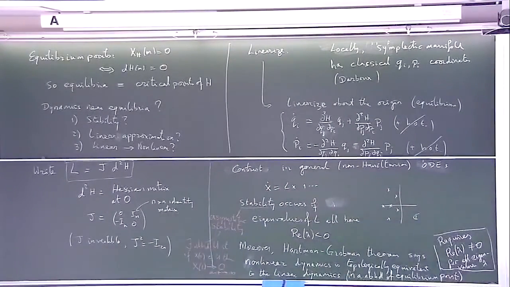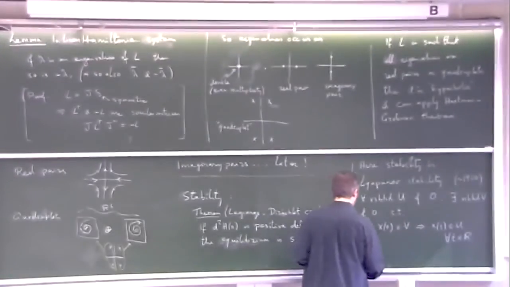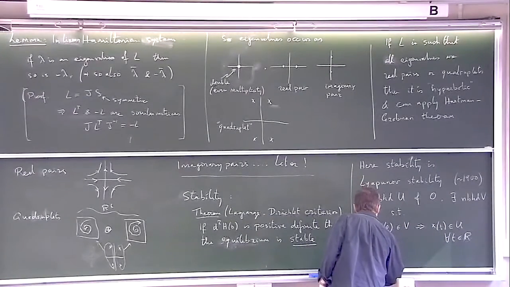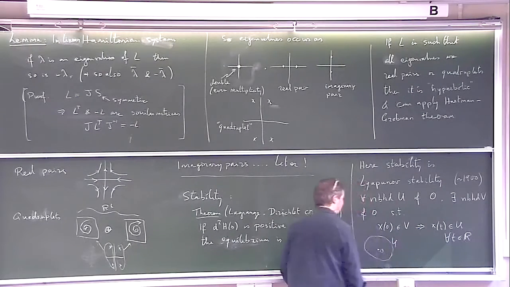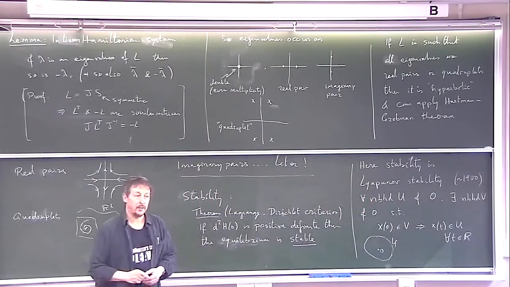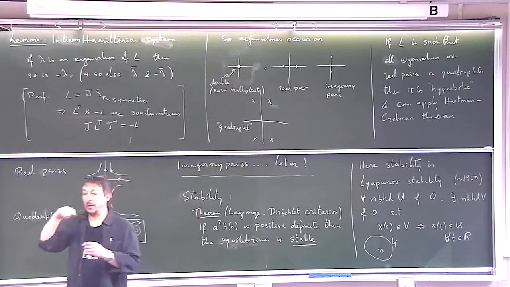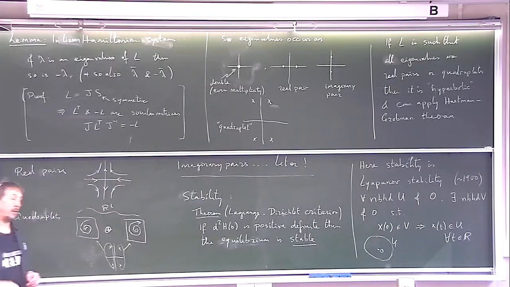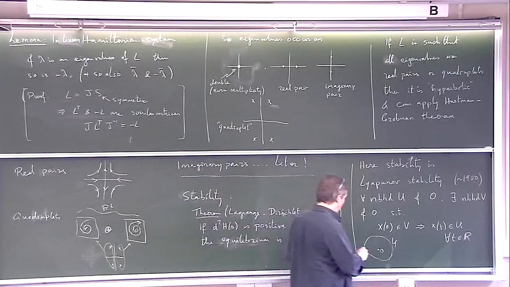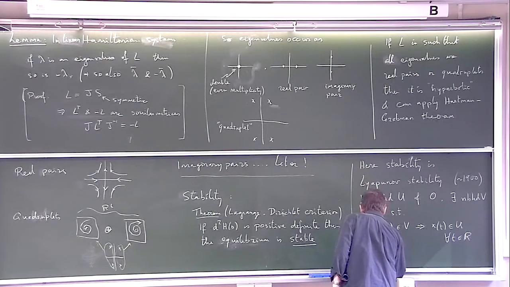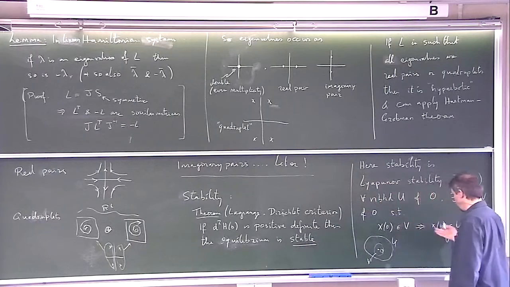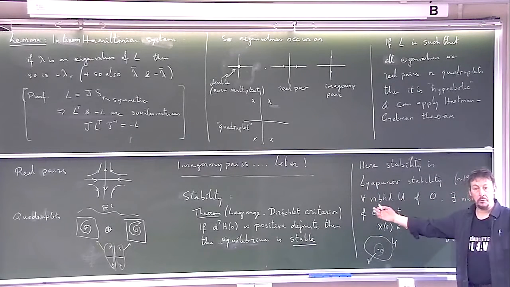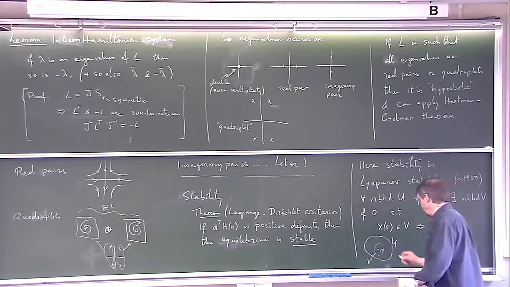So if we take a small neighborhood of the origin, then the dynamics might be quite irregular inside. But the point is, if you start with a V, necessarily from the statement of the theorem, V cannot be bigger than U. V is going to be smaller or equal.